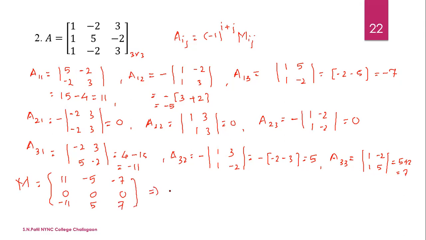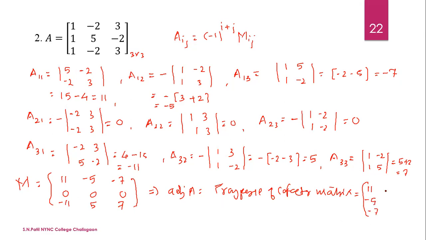Then what about the adjoint of A? Adjoint of A is the transpose of the cofactor matrix. So we have this cofactor matrix. Take its transpose. First row becomes the first column: 11, minus 5, minus 7.